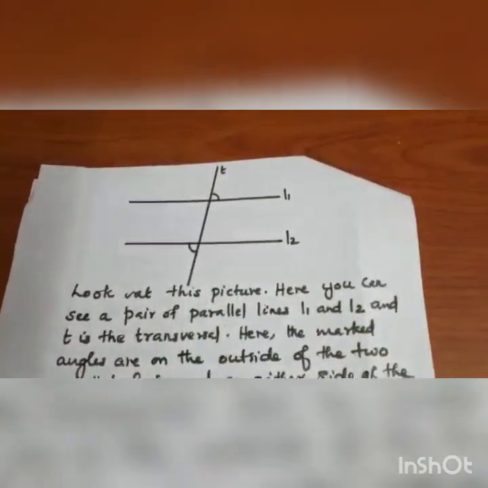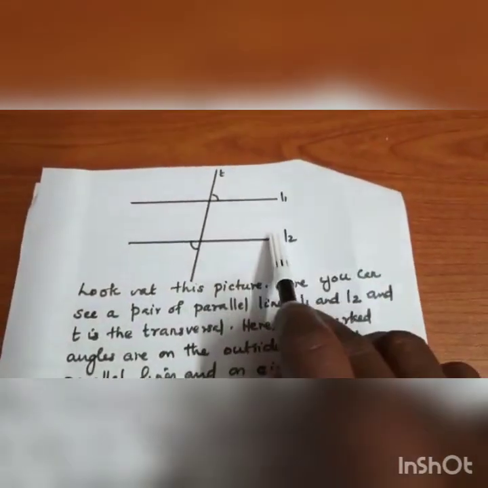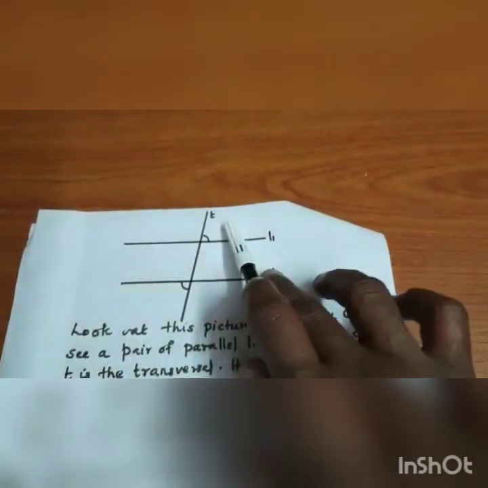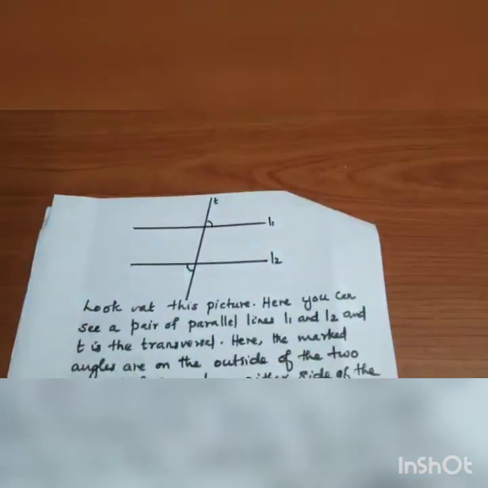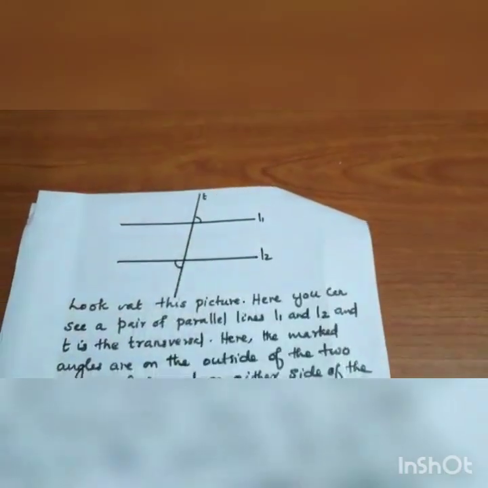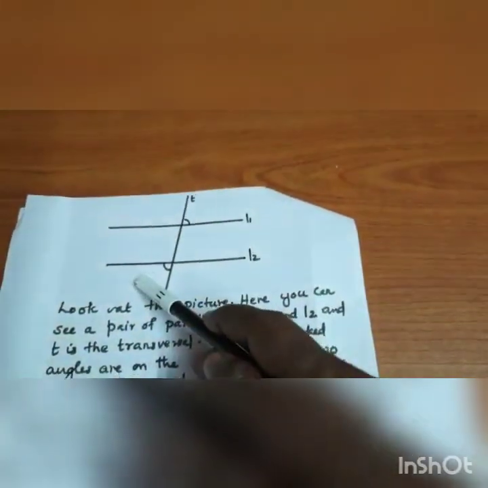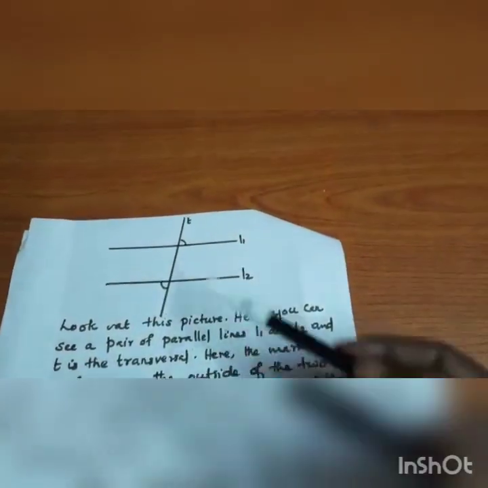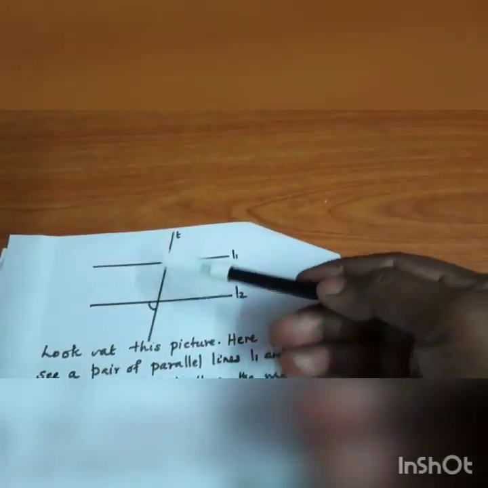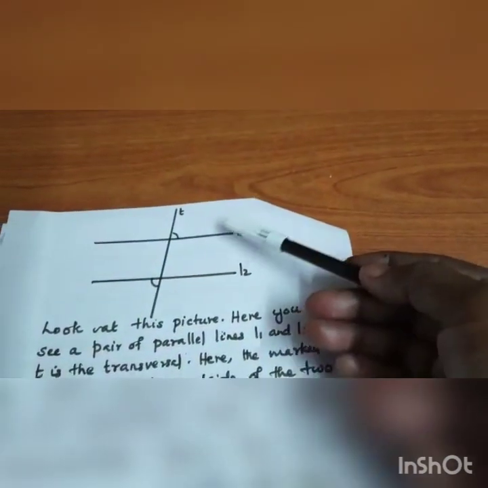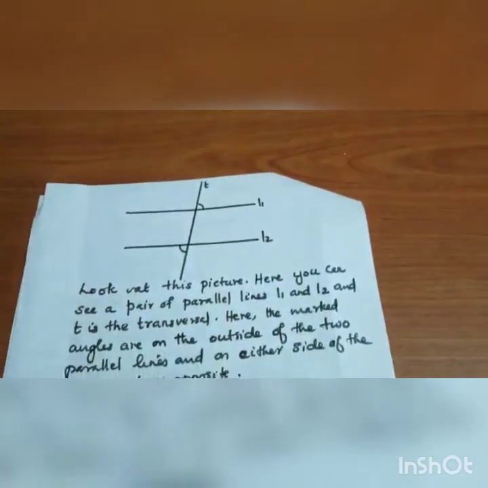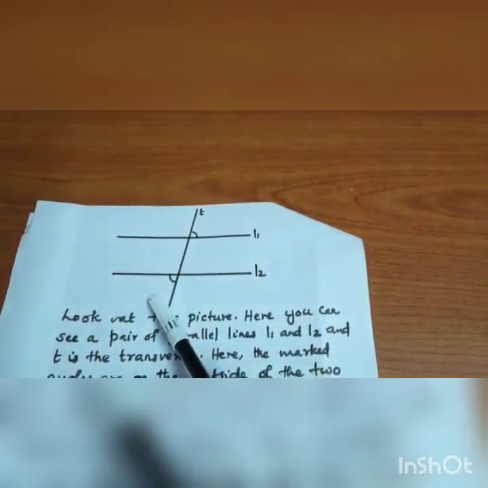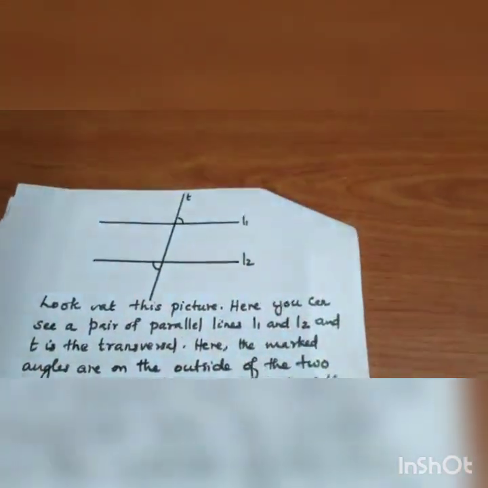Look at this picture. Here also is a pair of parallel lines L1 and L2, and there is a transversal. Here another pair of angles is marked. What about these angles? These 2 angles are on the outside of the parallel lines. One is on the outside of L1 and the other is on the outside of L2, and they are on either side of the transversal, and look like opposite angles.